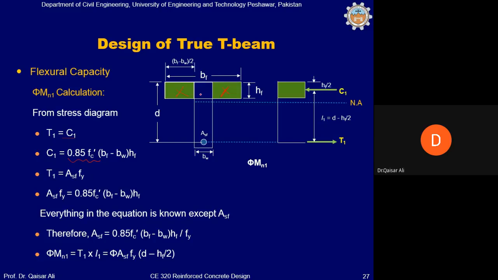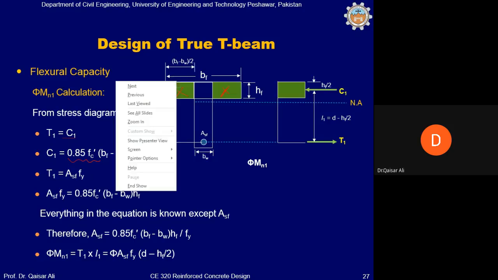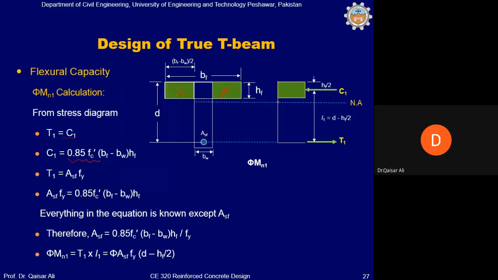Otherwise, the width of each will be BF minus BW divided by 2, so if you multiply them by 2, it becomes BF minus BW. What is the depth of this? The depth is equal to HF. So this will be 0.85 FC prime, BF minus BW into HF.